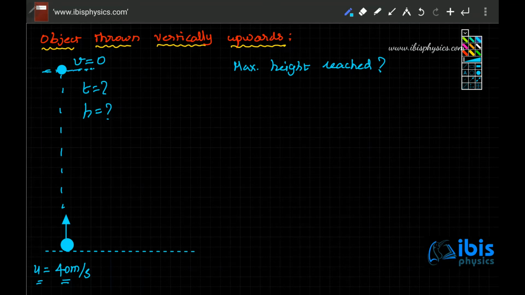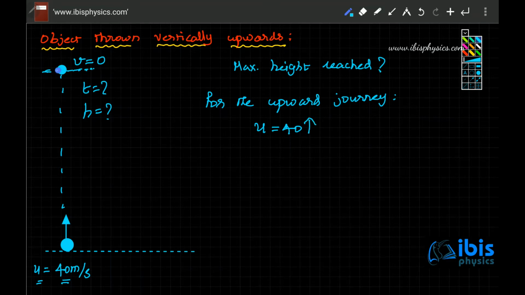So for the upward journey, the journey begins at the ground. Initially it had velocity 40 meter per second, directed upwards. That is why it is going up.